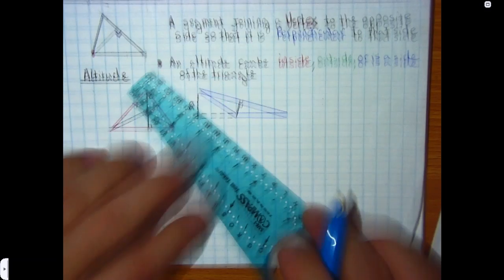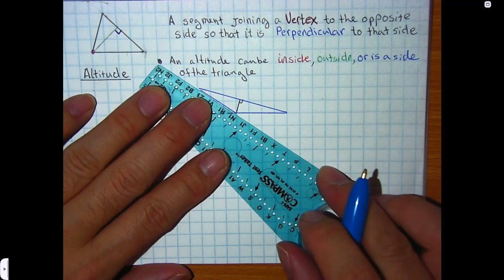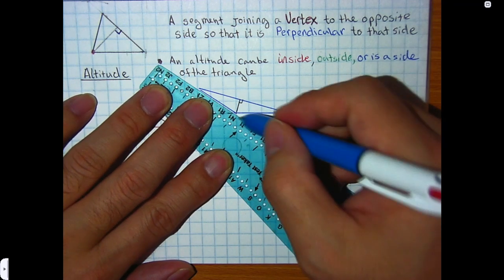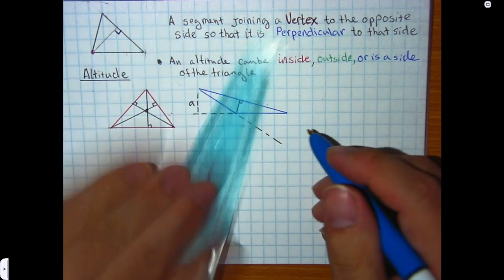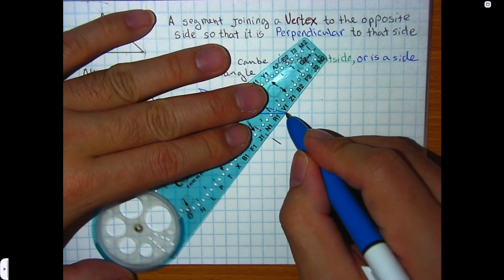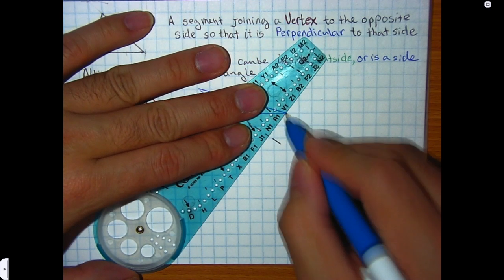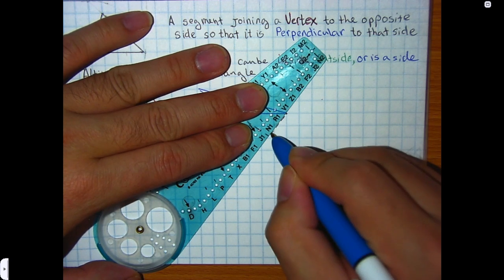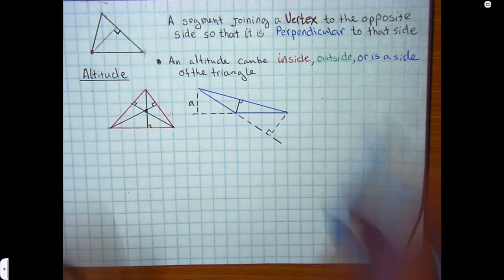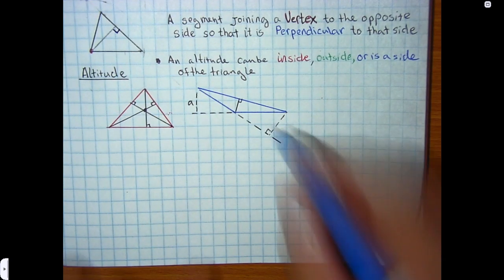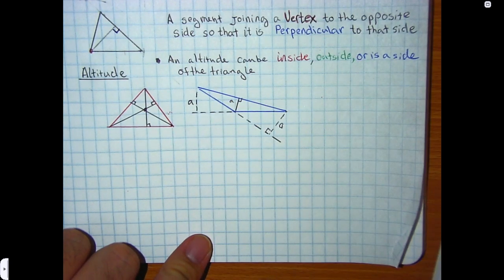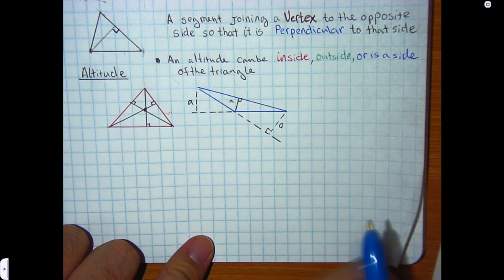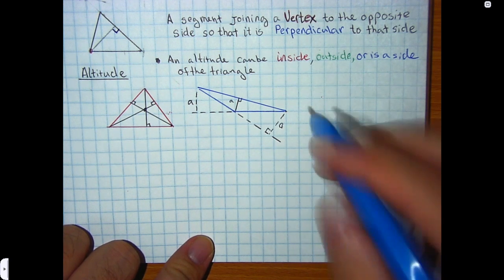And for this last one, we're going to have to extend the third side and then perpendicularize it. This is an eyeball, so bear with it. Alright, so notice we do have two exterior altitudes.